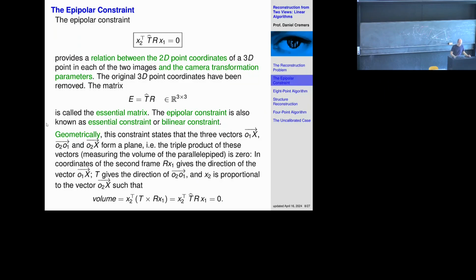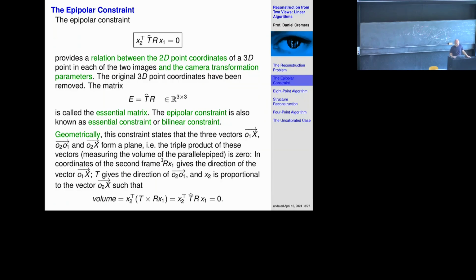And so the epipolar constraint says nothing but the fact that we don't know where the 3D location is, but there must be a point where these vectors intersect. And hence the epipolar plane is really a plane. So this is the geometric interpretation of this epipolar constraint.